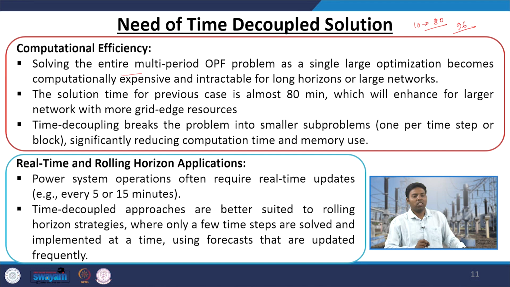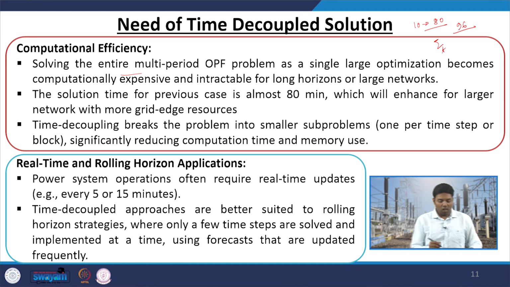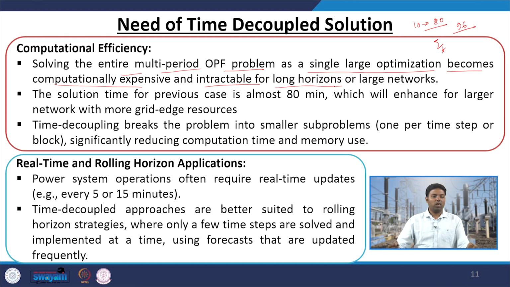How much time will it take to solve the overall OPF problem if you solve the entire summation over T together? Okay? So, solving the entire multi-period OPF problem as a single large optimization becomes computationally very expensive and intractable for long horizons or large networks. You cannot track the solution process. The solution time for the previous case is almost 80 minutes for only 10 time steps, as I just told.